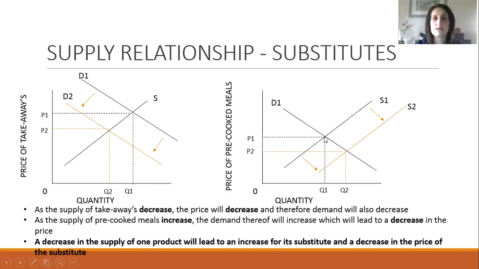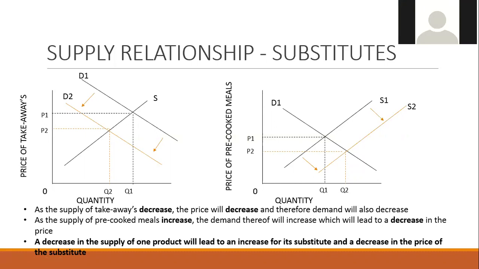But the substitute, pre-cooked meals. People are still lazy, we still want an easy way out. So the demand for pre-cooked meals has increased. And because there's bigger demand for that product, the supply of that product has increased as well.